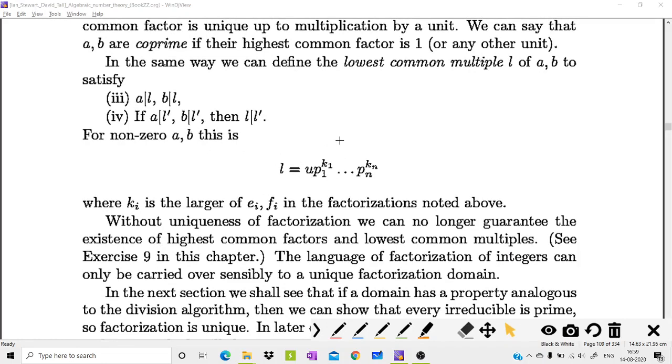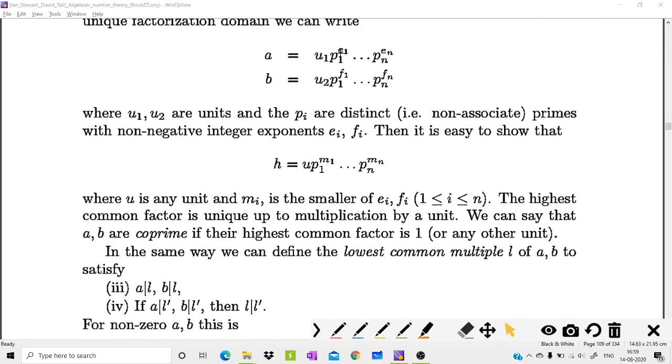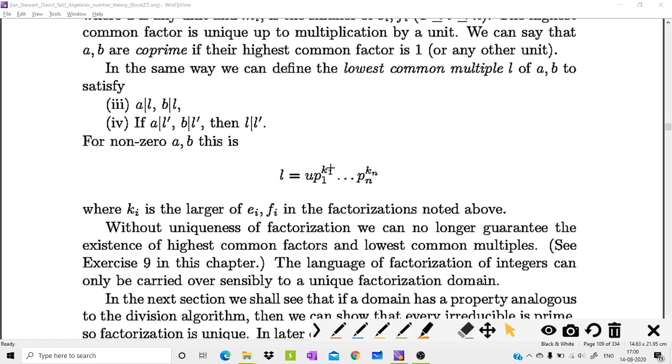A is u1 p1 raised to e1, etc., pn raised to en, and B is in this manner. Then the LCM is obtained by taking the maximum of ei and fi. If we set ki as the maximum of ei and fi, then L is the lowest common multiple of A and B.